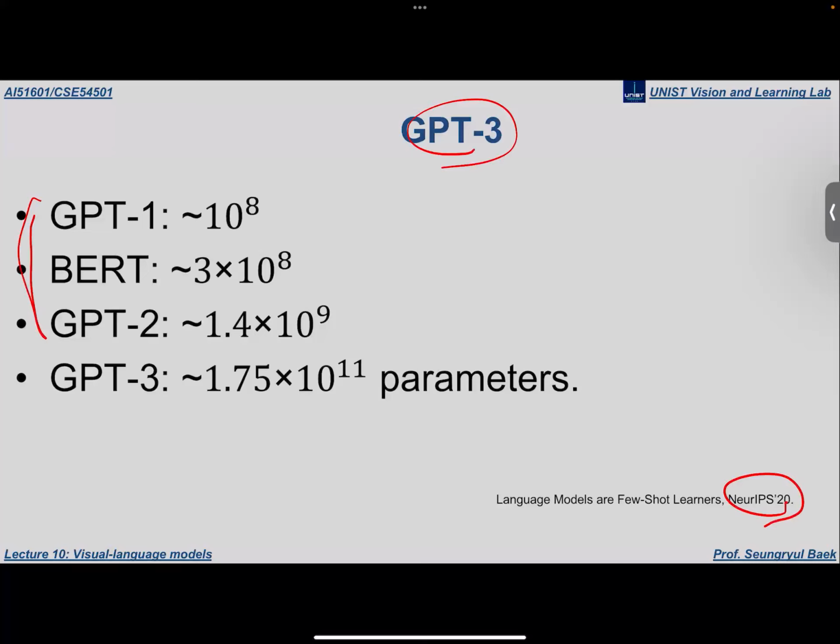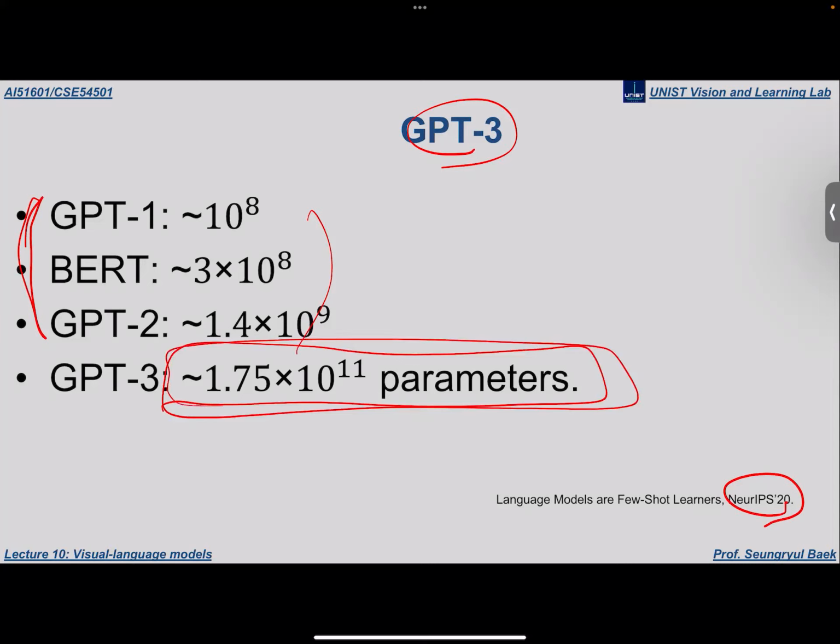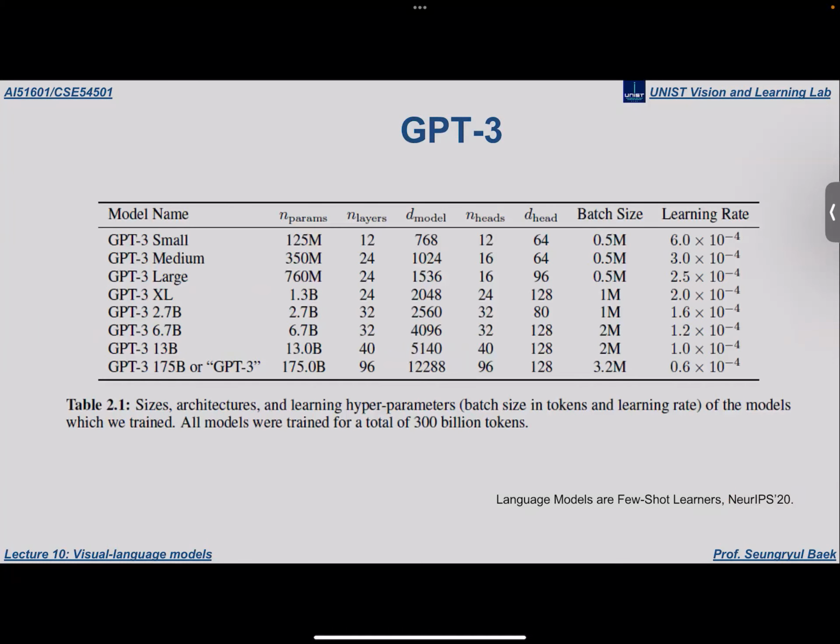Compared to GPT-1, GPT-2, and BERT, this paper says that GPT-3 has many more parameters within its architecture. The architecture itself is a transformer, but it has more layers and more parameters. So it takes a lot of GPUs to properly train GPT-3. And these are some variants of the model.